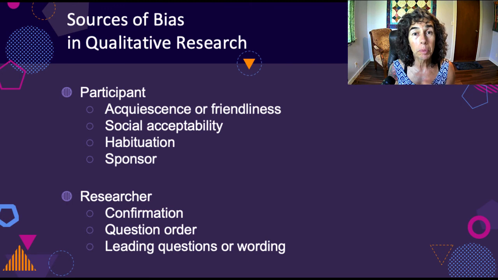Asking questions in a particular order can lead to particular kinds of responses and particular building of responses on each other. So we want to be careful about that. And then leading questions or wording of questions can also be a source of bias. So if we prompt the participants, even subconsciously or in tiny, tiny ways, to answer in particular ways, then that's another source of bias.